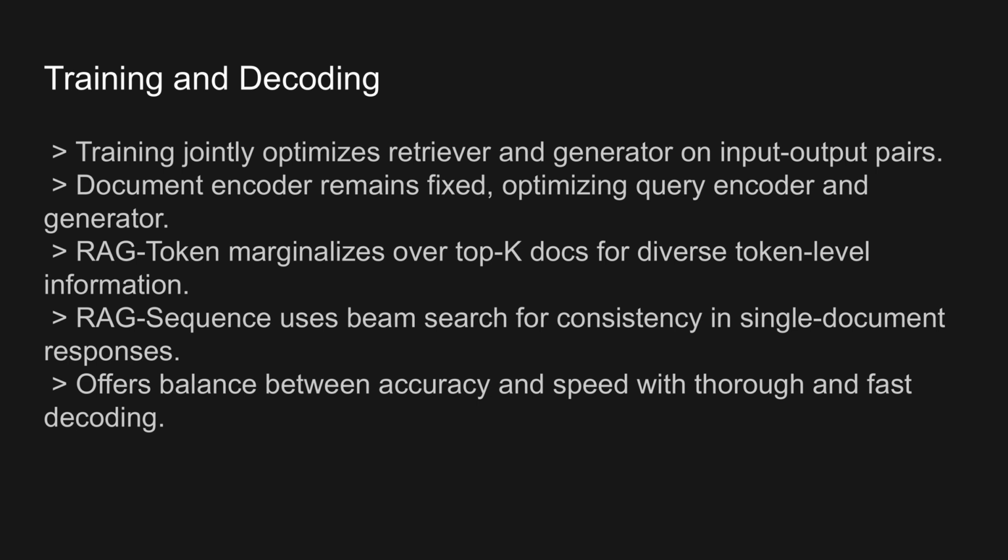Good observation. RAG sequence is a bit different. Since it uses one document for the entire response, it doesn't marginalize at each token. Instead, it runs a beam search for each document and scores the hypotheses based on the document's overall fit with the query. This process is called thorough decoding, where the model evaluates all options, but it can be resource-heavy for longer responses.